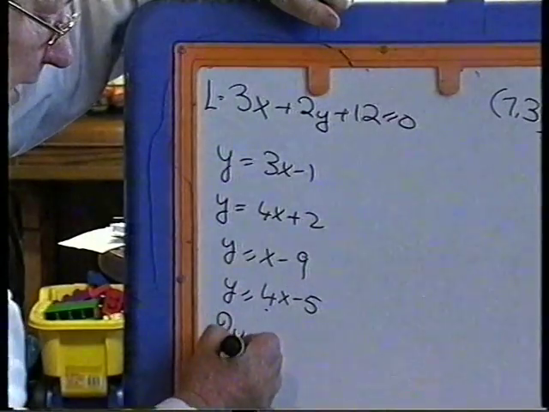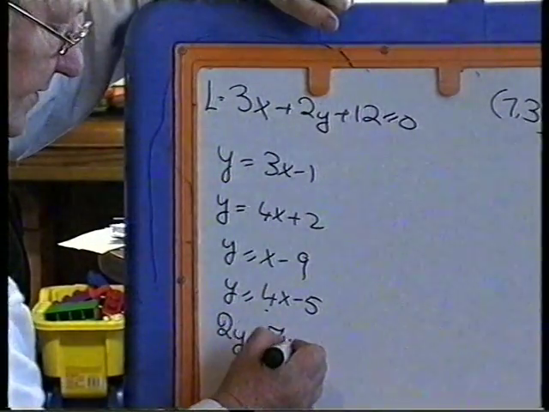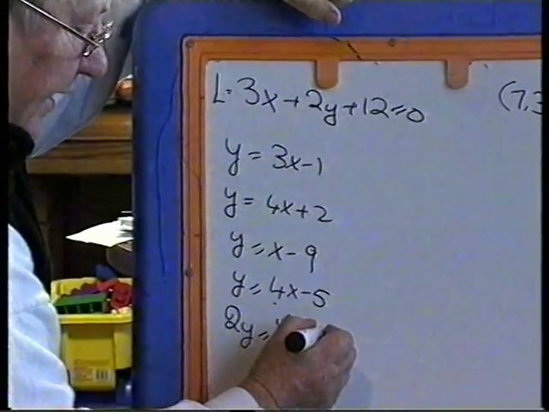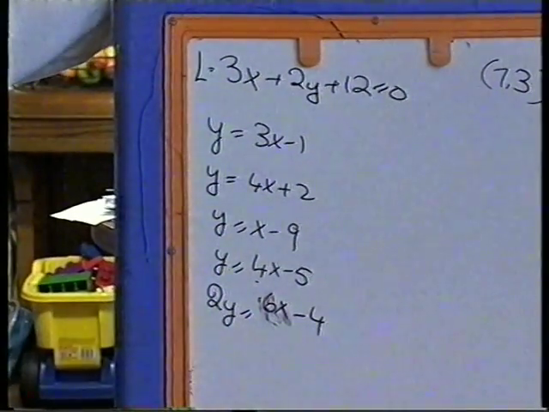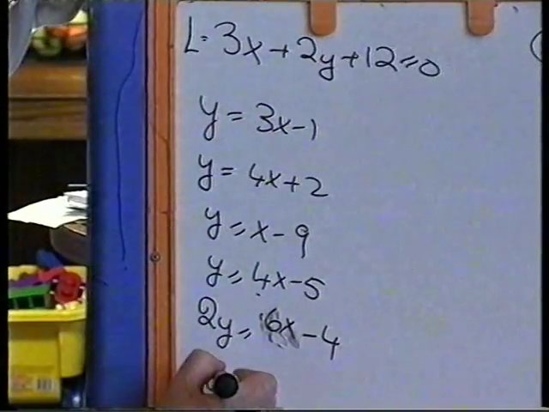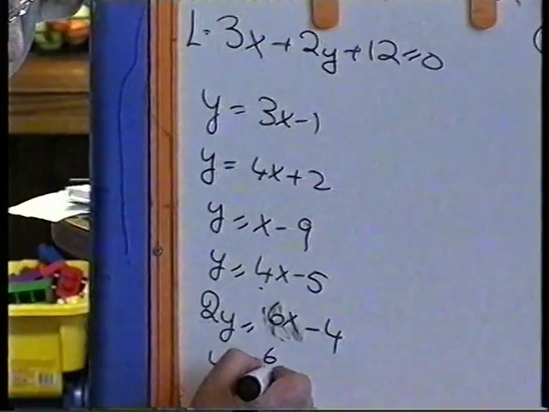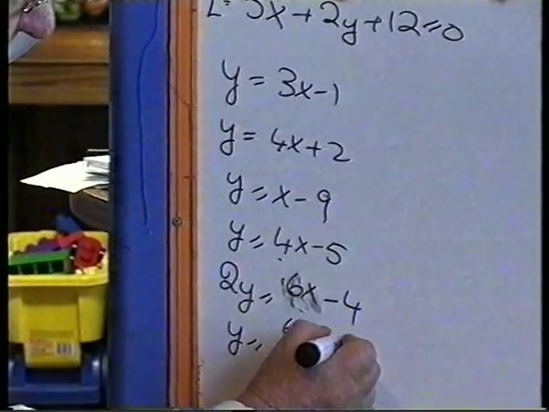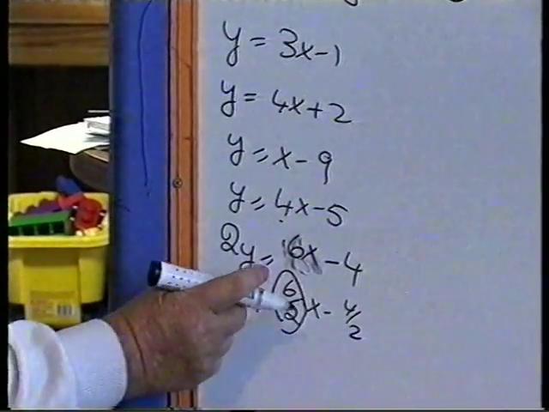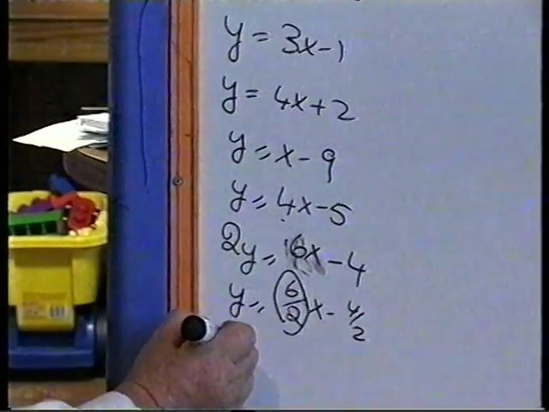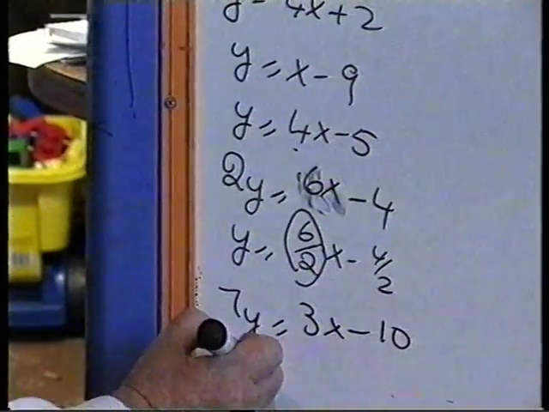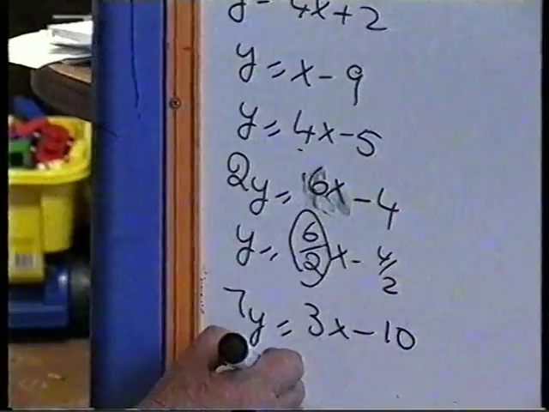Now if 2y equals 6x minus 4, we can't read the slope unless we're reading y, so you'll have to divide by that 2 in front of the y. You have to divide what's in front of the x by what's in front of the y. So if 7y was equal to 3x minus 10, then the slope would be 3 over 7.